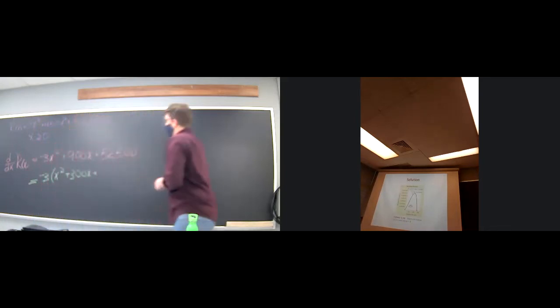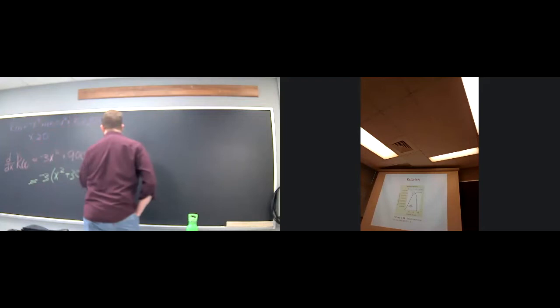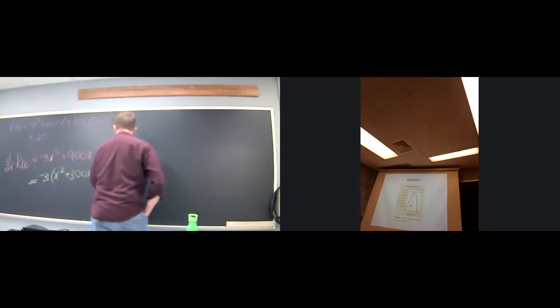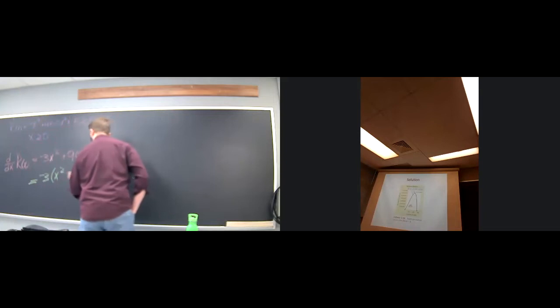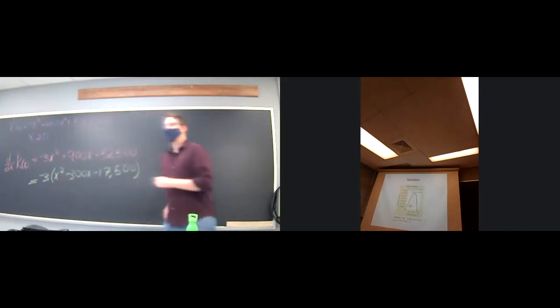We're going to have x squared plus 300x plus 52 divided by 3, 1. That becomes 22. That becomes 15. And this should be negative and negative. Right?